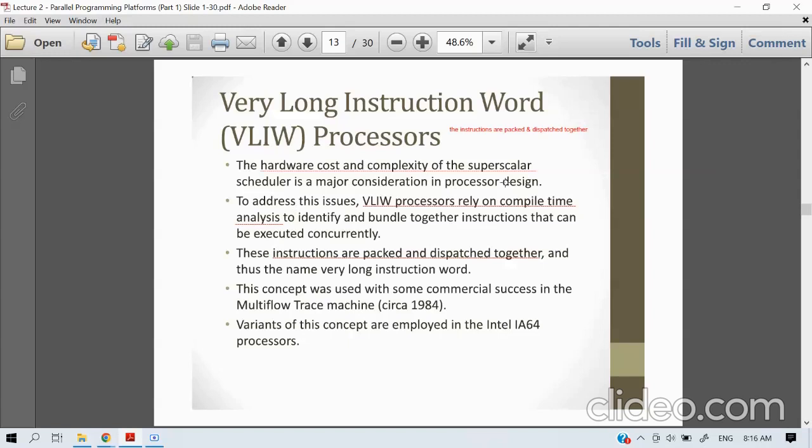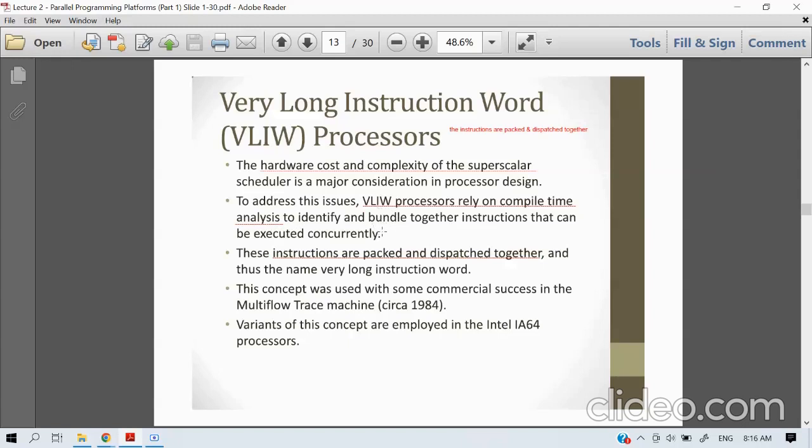So to design very long instruction word processors, it depends on the hardware cost and also the complexity. This kind of design relies on compilation-time analysis to identify and bundle together instructions that can be executed concurrently.